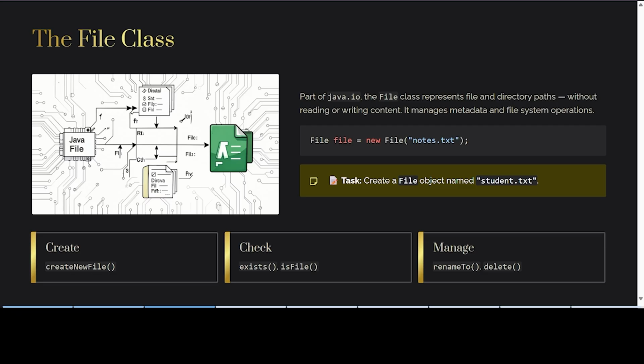Here you see how to create a new file. This is the major syntax for creating a file. This is creating a new File object. Whenever you see the keyword new, you can assume it's a new object. So new File object, and the file name is notes.txt.